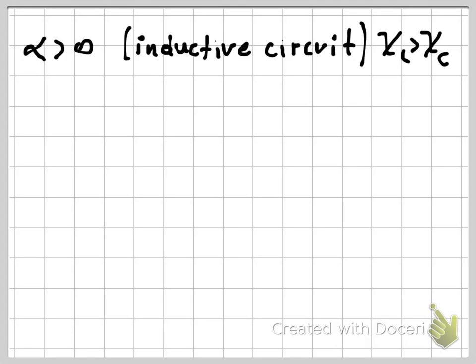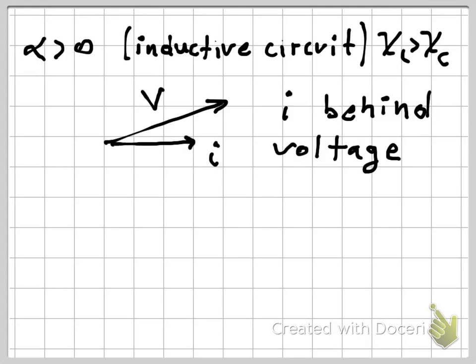If the inductor has a bigger reactance than the capacitor, then the overall behavior of the circuit is inductive, in the sense that the current is going to lag behind the voltage. So that will happen when the inductive reactance is bigger than the capacitive reactance.